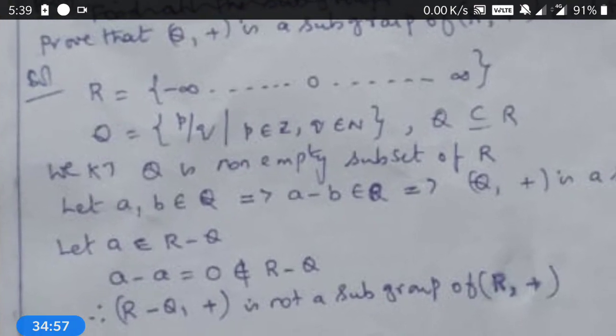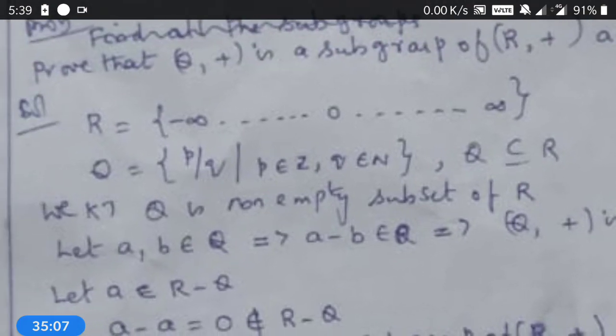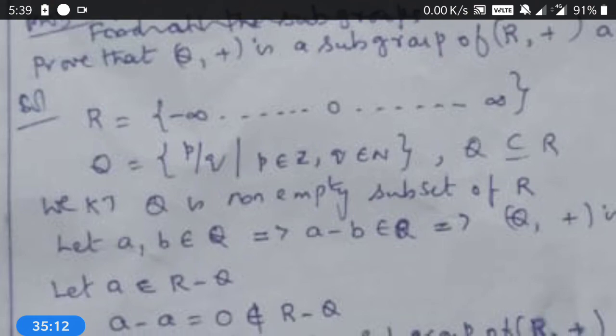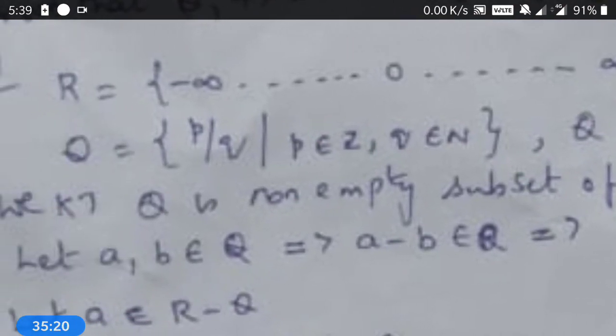Solution. Let R be the set of real numbers from minus infinity to infinity. Now let Q be the set of p by q such that p belongs to Z, q belongs to N. We know that Q is a subset of R, and Q is non-empty.